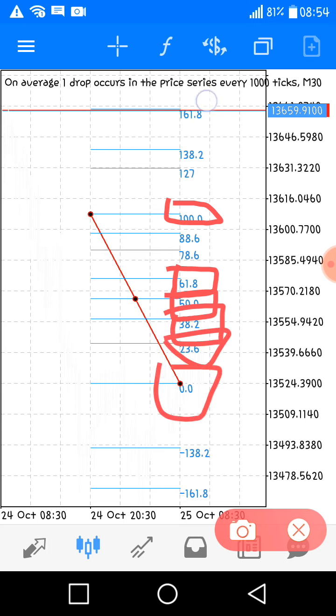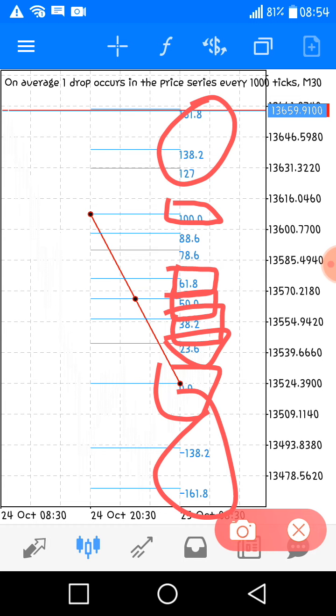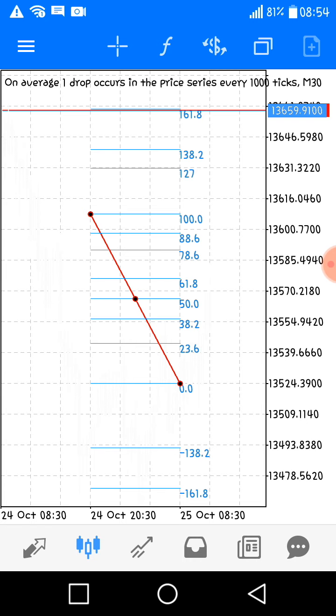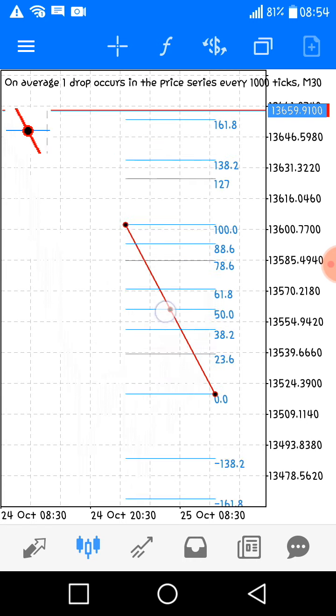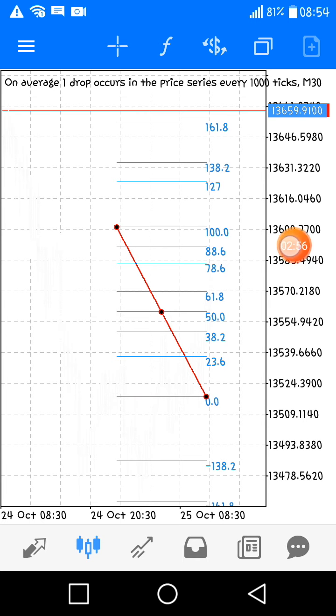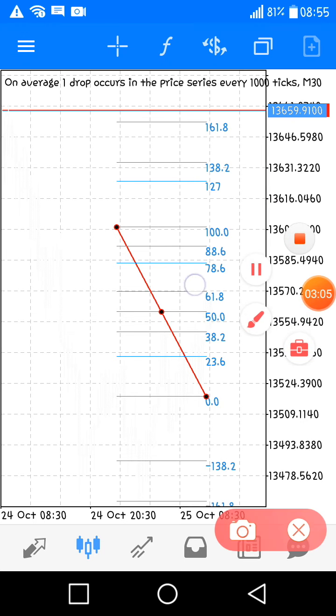All these ones were added by myself. In the last Fibonacci video, about 2 days ago, I showed you the different ways, and I told you that these are the retracement levels, and this level 61 is the golden ratio. So let's head on to the video.